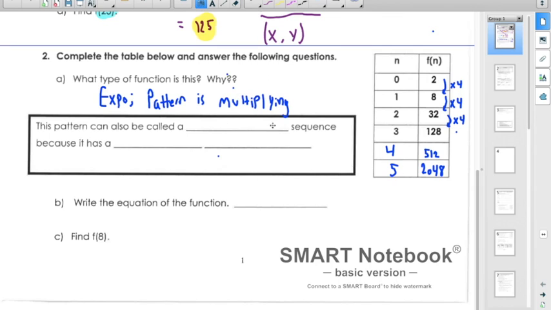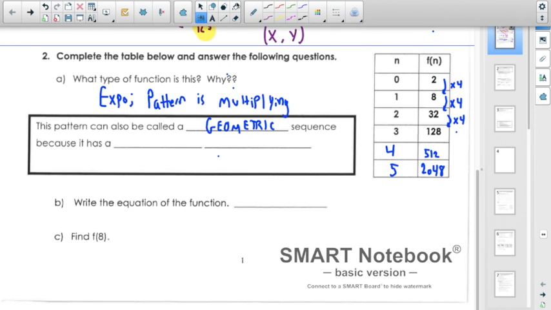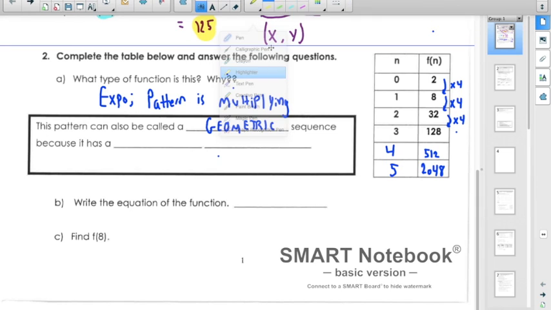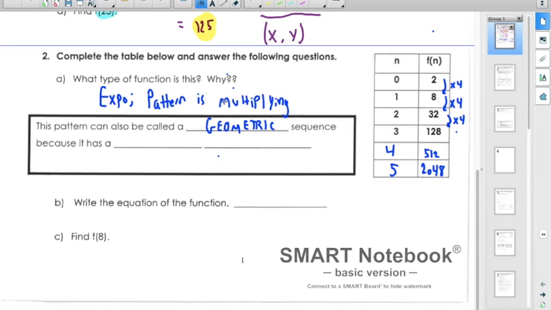And that's the word that we always associate with exponential functions. So this pattern can also be called a geometric sequence. Okay? So anytime it's multiplying, we're going to have a geometric sequence.